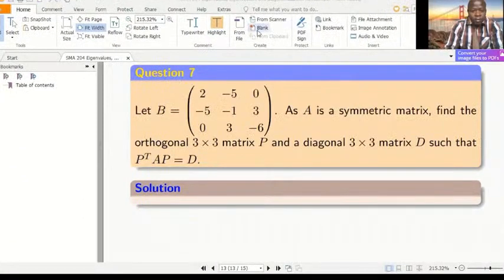Now, question 7 is similar to the previous question. We are given a symmetric matrix here. You know what a symmetric matrix is?